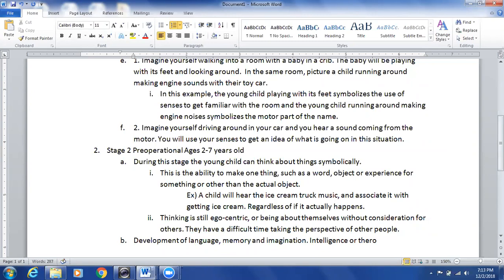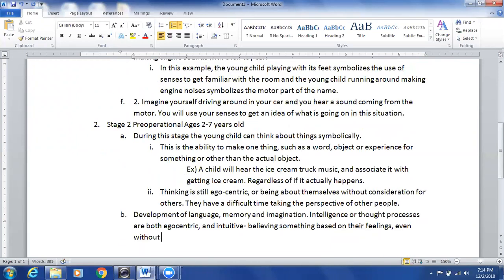So intelligence or thought processes are both egocentric and intuitive, or they can start believing something based on their feelings, even without conscious reasoning. Meaning, oh, I'm kind of hungry, I need to get food, rather than, oh, look, it's noon, I'm going to plan it. So it's more or less based on their feelings. If they want something, they typically try to get it.